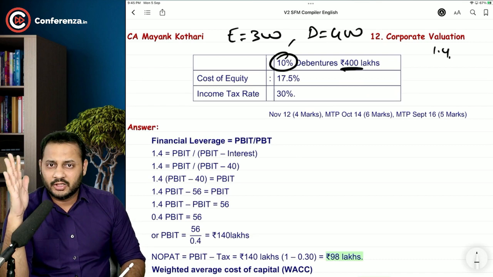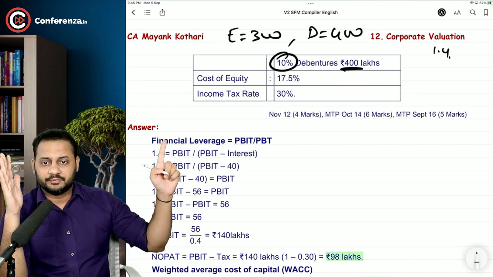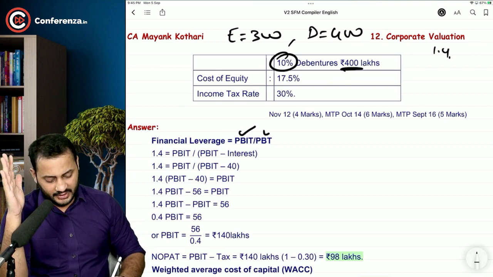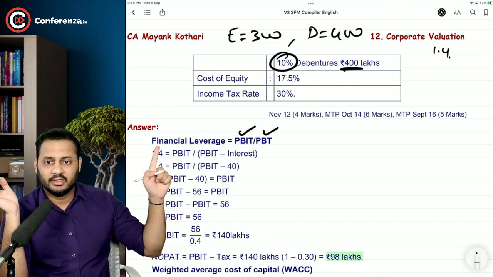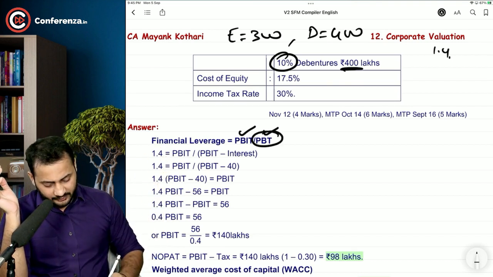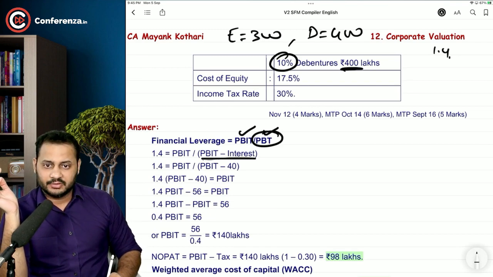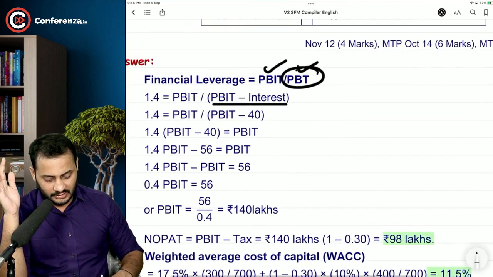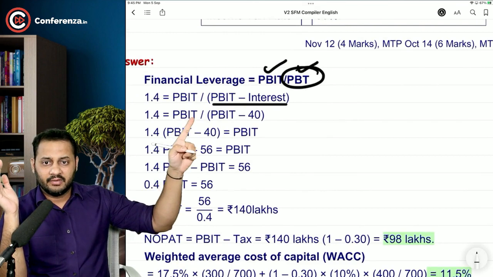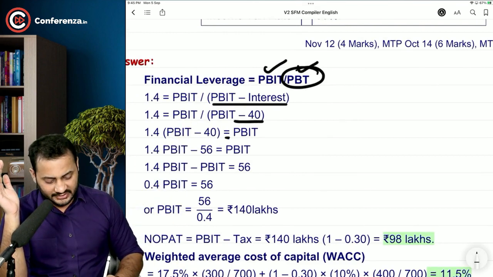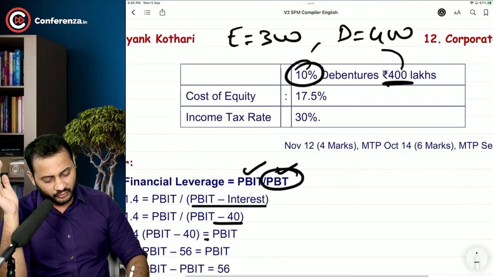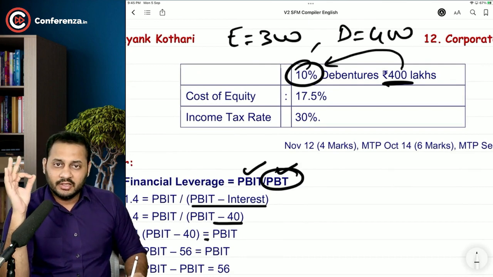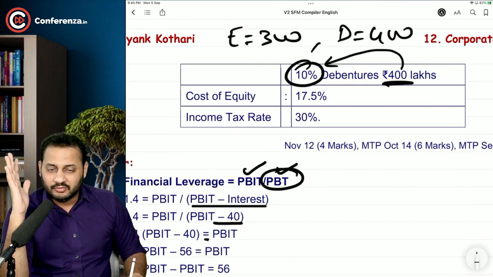So let's first find out EBIT. Financial leverage is equal to PBIT by PBT, as I said, and we can convert this PBT into PBIT minus interest, right? Now the next part, PBIT divided by PBIT minus 40. That means interest is 40. How did you calculate? 400 lakhs into 10%. 10% on the debenture, 40.